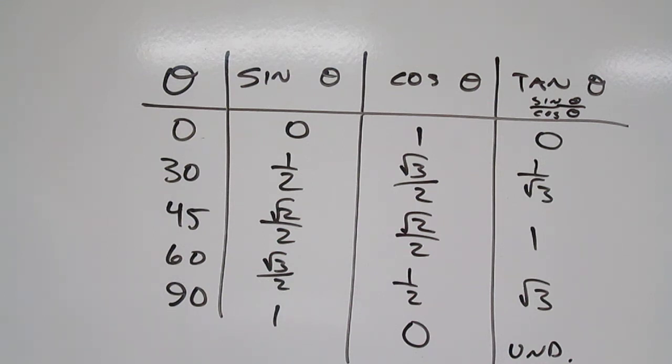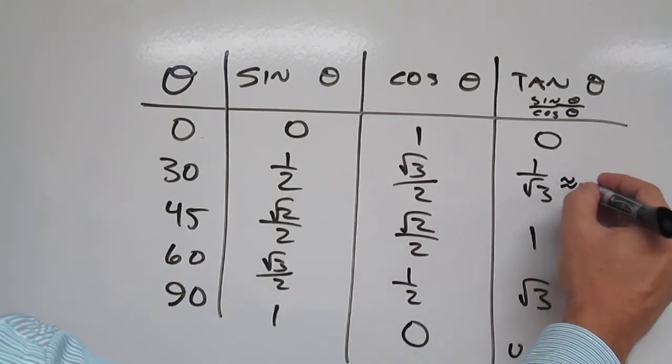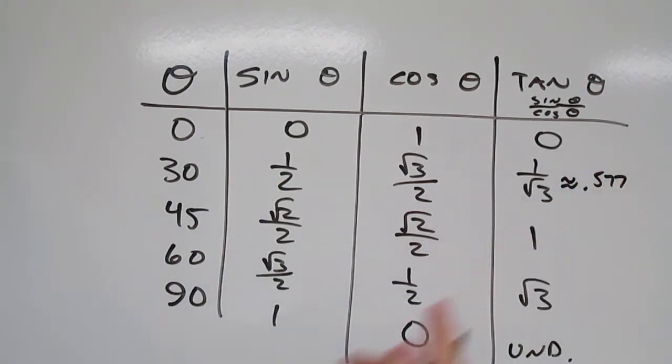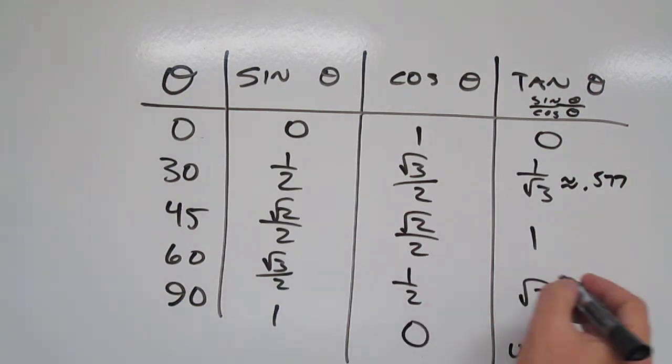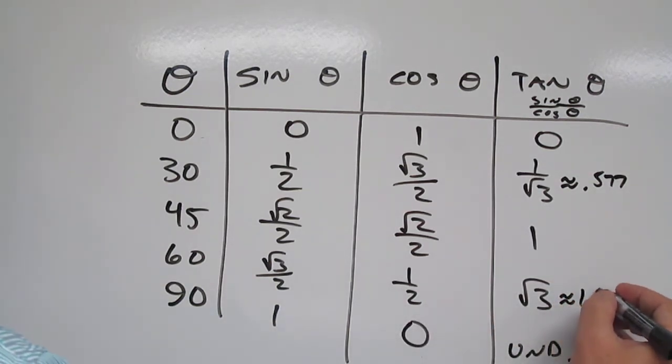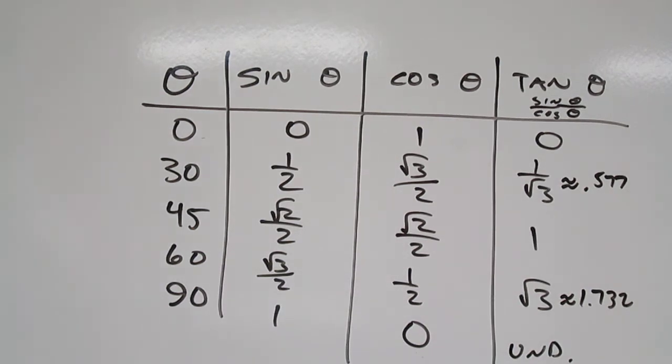So 1 divided by the square root of 3 is approximately 0.577, and the square root of 3 is approximately 1.732. Okay, so I'm going to try to pan to the side a little bit, and then we'll see if we can graph these things.